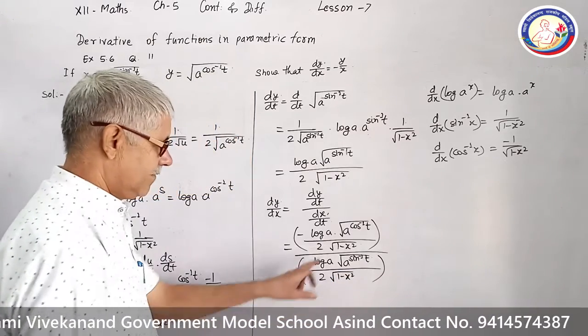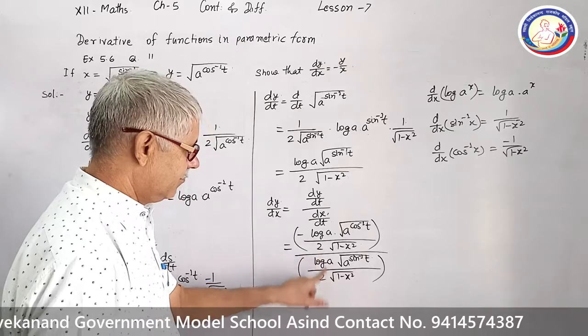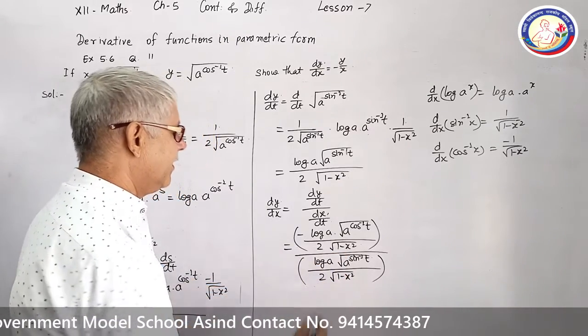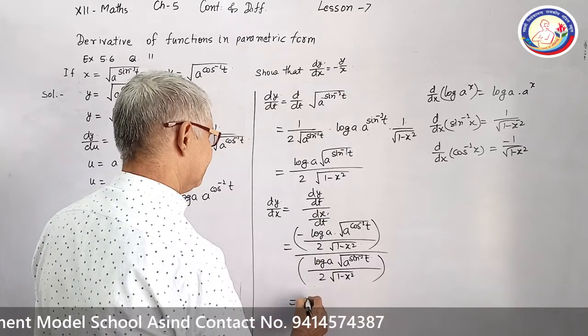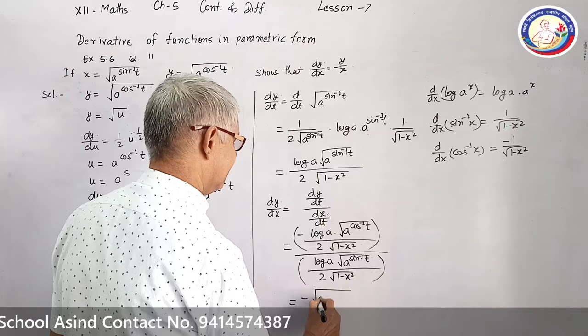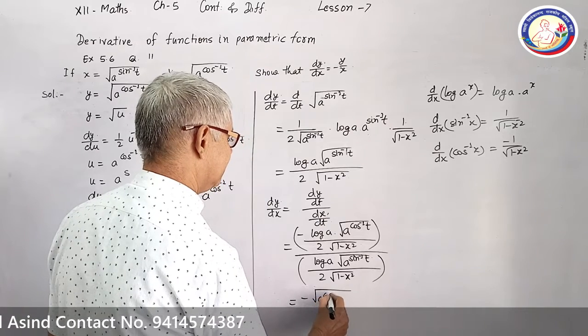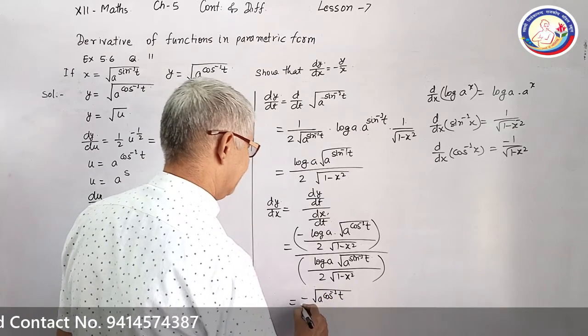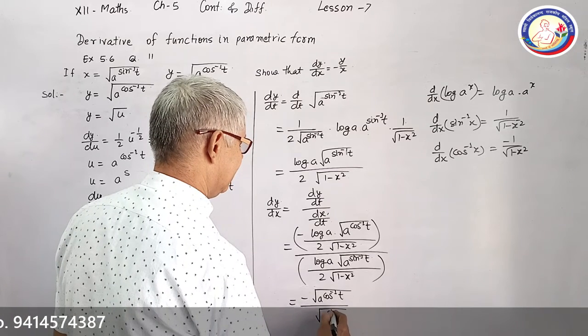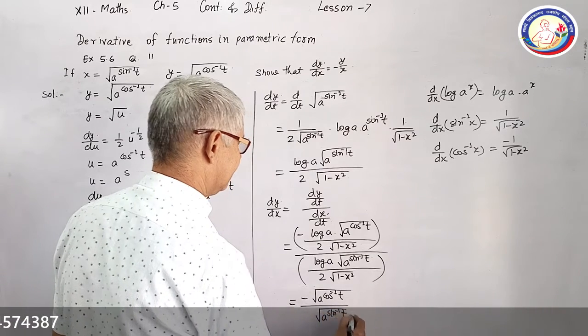On simplification, log a cancels log a, 2 by 2, square root of 1 minus x square with this, and we shall be left with only minus sign in numerator and a raised to power cos inverse t divided by square root of a raised to power sin inverse t.